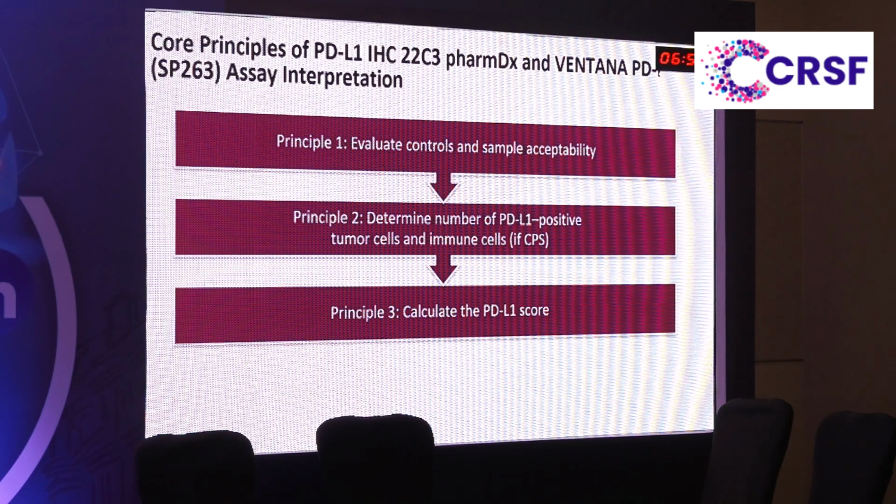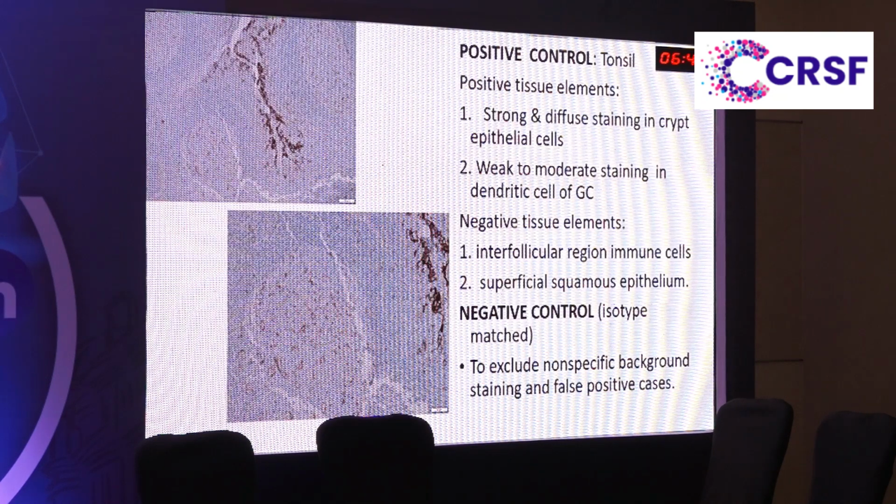The sample should be adequate, meaning there should be a minimum of 100 cells. Then determine the positive and negative cells. If you are looking for CPS, then you have to look at the immune cells as well. Otherwise, it is only the tumor cells.